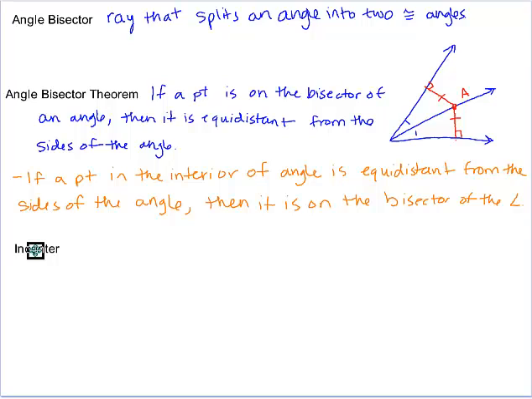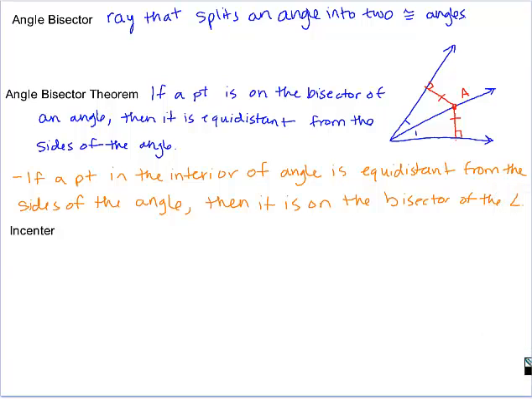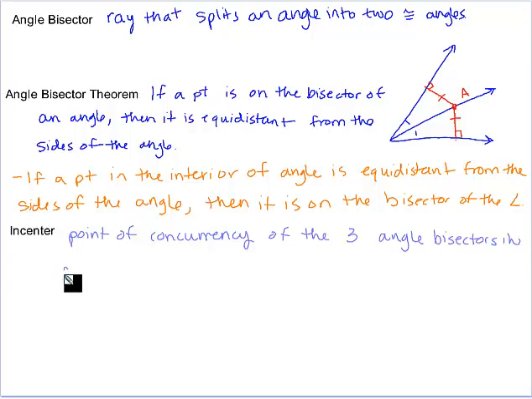Okay? And our last new vocab word for today, before we do some examples, is in-center. The in-center is just referring to the point of concurrency of the three angle bisectors in a triangle. So we'll draw a little diagram to illustrate this.